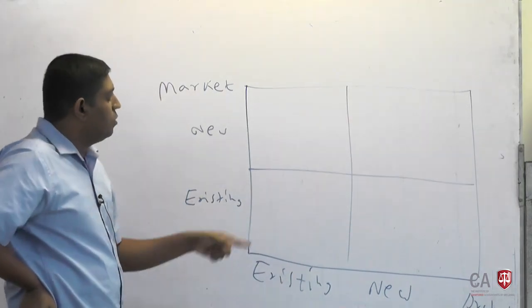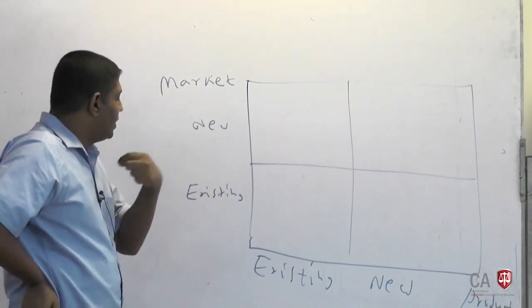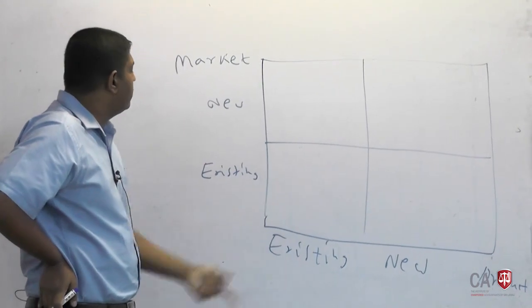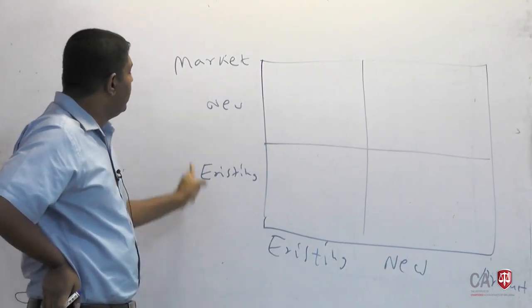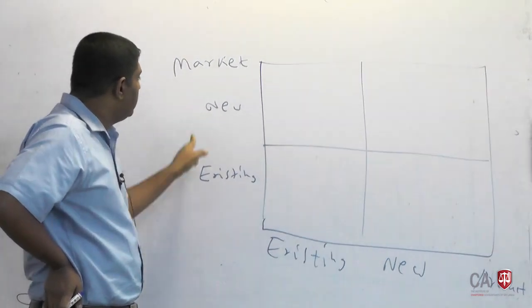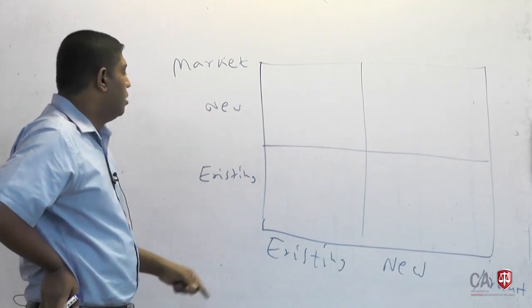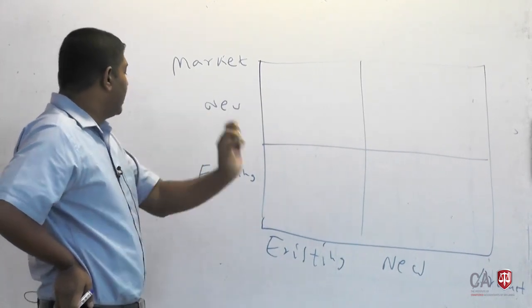So in relation to product, we identify 2 options: offer the existing product or offer a new product. In relation to the market also we identify 2 options: existing market or new markets. Based on that, ANSOP identifies 4 strategies.